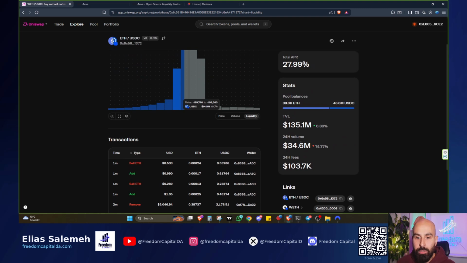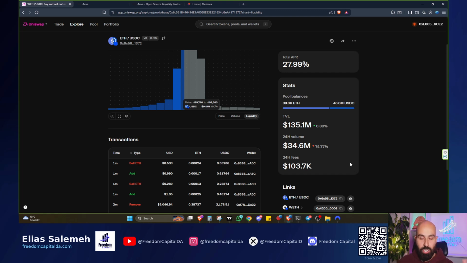Transactions, total value locked, volume for that specific pool on a daily basis, and the fees as well. So this pool generated $103,000 in a matter of a day. So let's say if you provided liquidity and your liquidity share from the total pool represents 1%, or let's say 10%, if the pool is making $103,000 per day, you will get around $10,000 if you supply 10% of the liquidity.